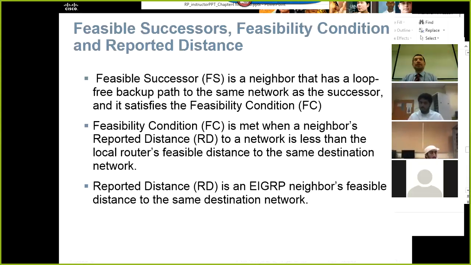Why is this? Sometimes actually there's no problem with it, but EIGRP is very paranoid. Really is paranoid. It cannot stand loops, routing loops. So it says, in general, if the reported distance is equal or greater than the feasible distance, there's a possibility that actually Rashid is coming through me before he's getting to Mansour.